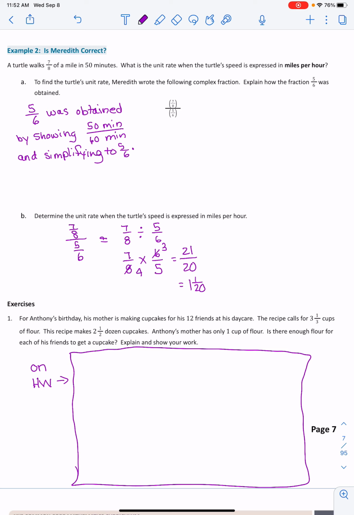cupcakes? Well, we have 3 1/3 cups, and we needed to make the 2.5 dozen cupcakes. Remember, the flour is what we need. So the flour is going on the bottom. So flour and cupcakes on top.